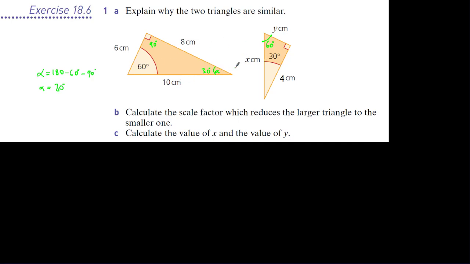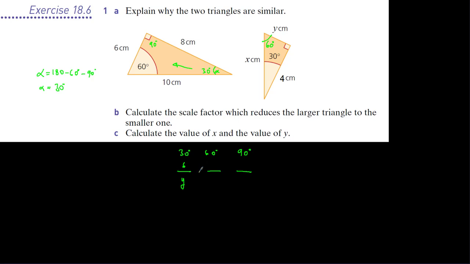Now here I have to be careful about which sides are proportional. If I write the angles like 30, 60 and 90 degrees, then I can write the proportions with respect to these angles. Opposite of 30 in the big triangle I have 6. In the small triangle I have y, so 6 over y.